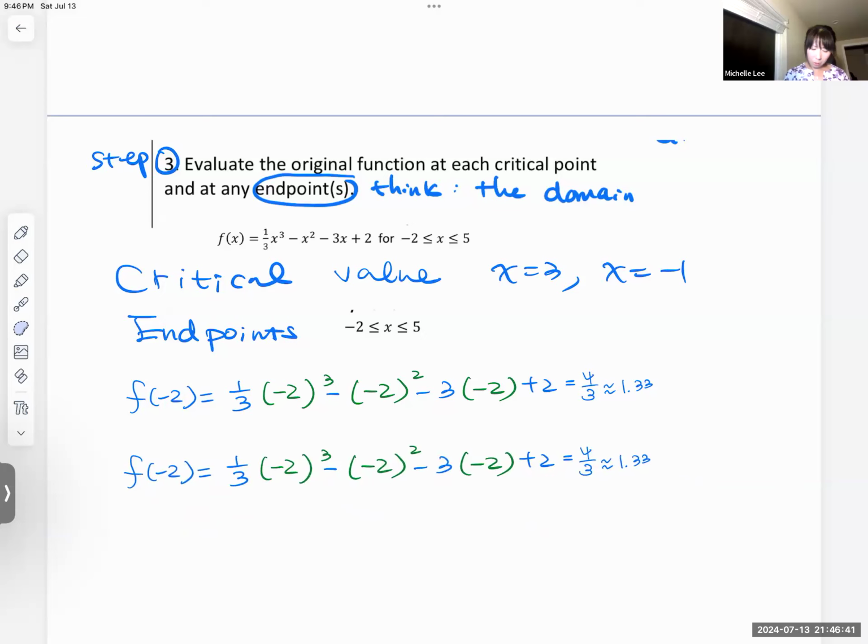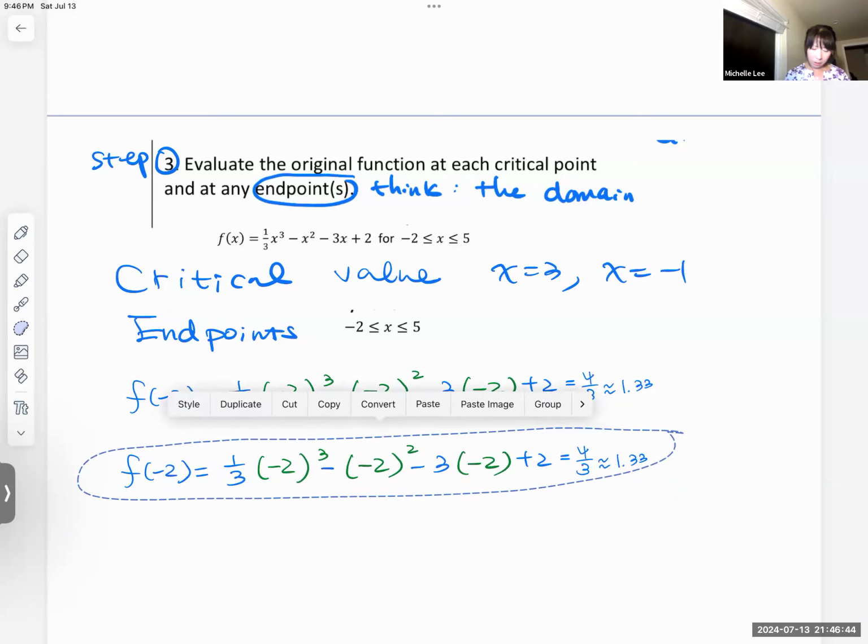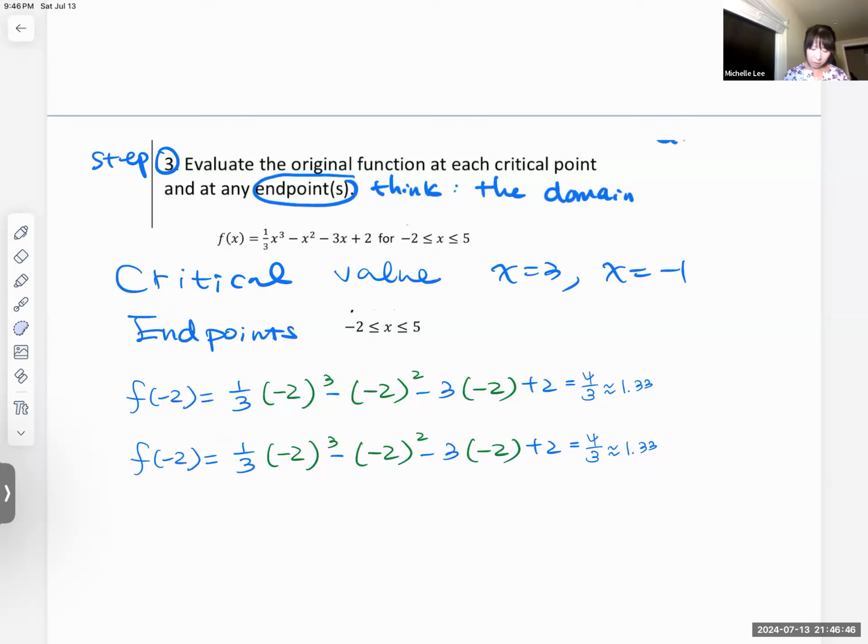The second smallest one is -1, so there will be -1, -1, -1, -1. Then we get 11/3, which is 3.67.